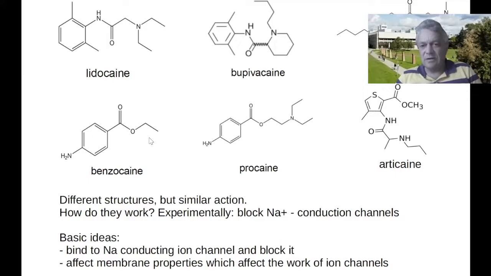And so we can ask what the action mechanism of these anesthetics is. What is known experimentally is that anesthetics block sodium conducting ion channels. If an impulse or signal in nerves is transferred by opening and closing of ion conducting channels, which are also voltage regulated, then if we block some of the sodium channels, the signal cannot propagate along the nerve and we lose sensitivity.